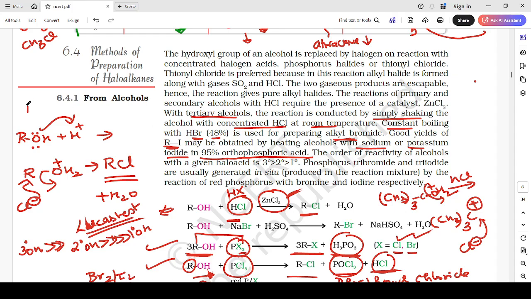So if you want to convert this alcohol into RI, you need to use NaI or KI in the presence of H3PO4. If you use it, the reaction is over. The order of reactivity of the alcohols with a given halo acid is tertiary greater than secondary greater than primary. That's what we wrote just now.